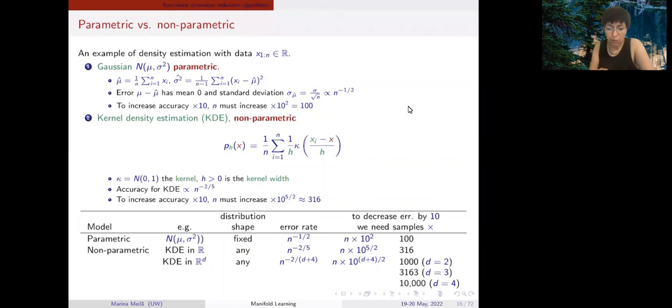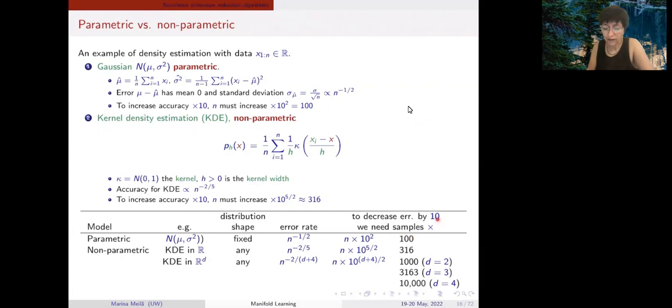But the difference that it makes is in the rate of convergence of the parameters. So you may know that when you estimate mu hat, this estimator is unbiased, and its standard deviation is proportional to 1 over square root of n. Which means that if I want an estimator to be 10 times more accurate, I have to increase n by 100.